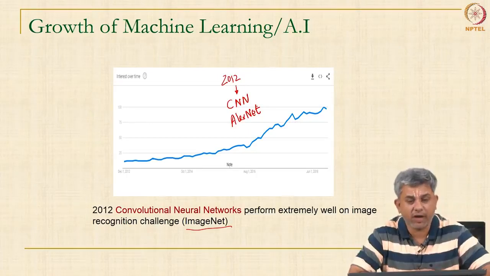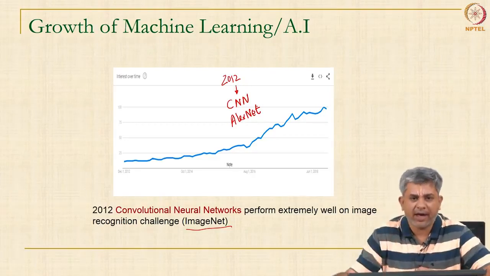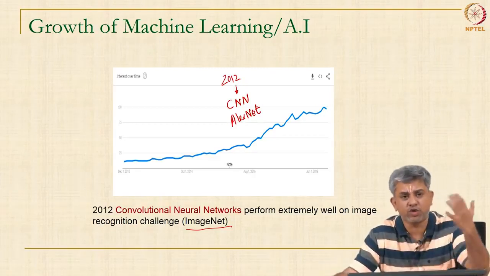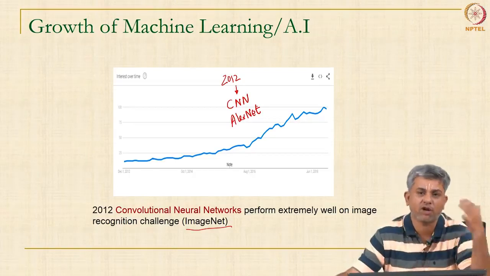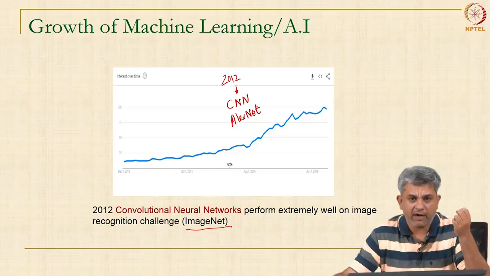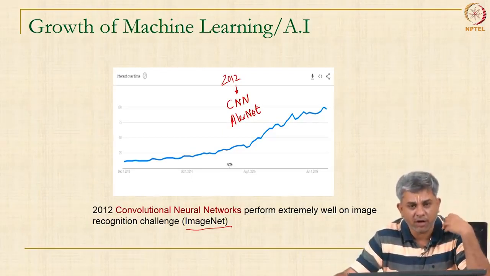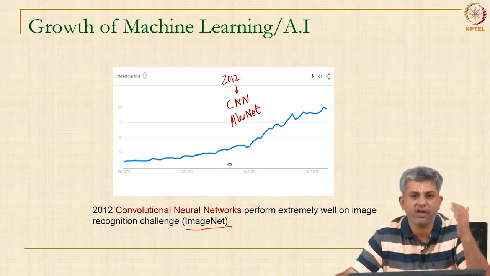Since then, every single year the algorithm which has won is only a machine learning algorithm. AlexNet showed a huge jump in performance, about a 12% jump from previous algorithms, and this is when people sat up and took notice, and since then the field has just taken off very rapidly.